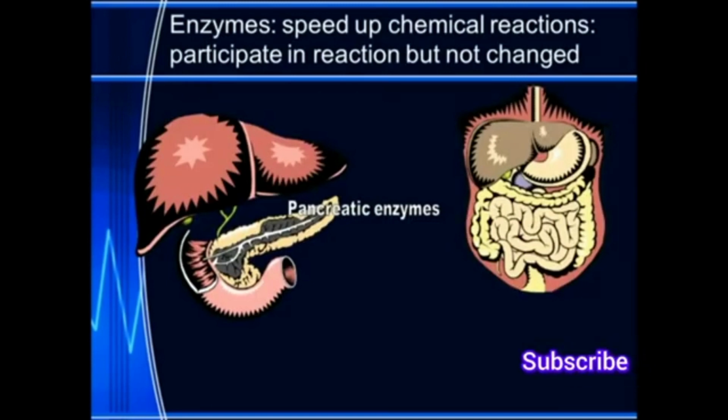One element in the body, it's not really an element, it's actually a combination. It's actually a functional protein that is in our body that's really important in the chemical reactions that are taking place at all levels of human physiology: enzymes. Enzymes are that which speed up chemical reactions, participate in the reaction, but they themselves are not changed.